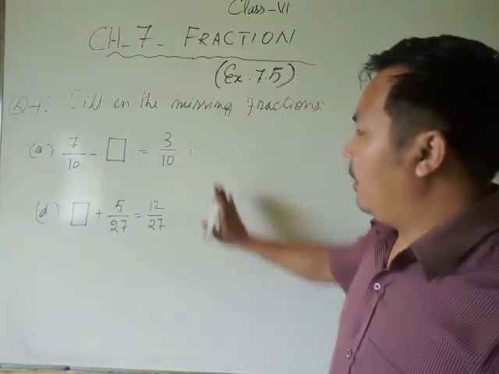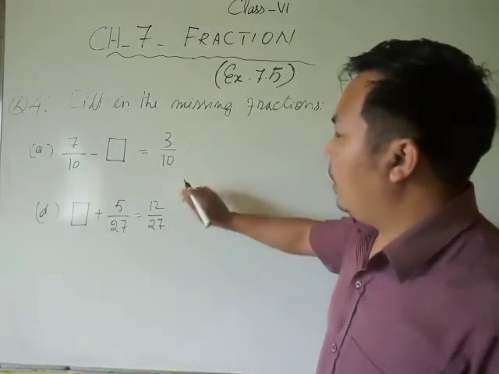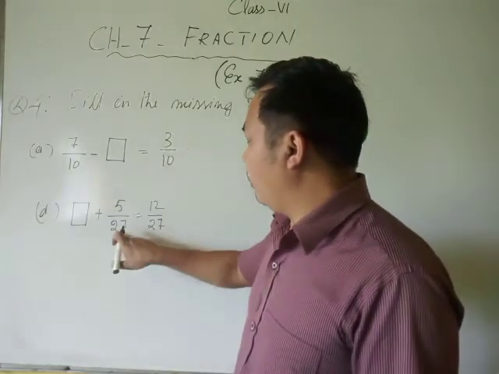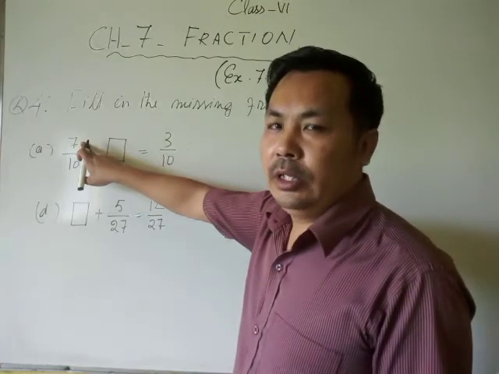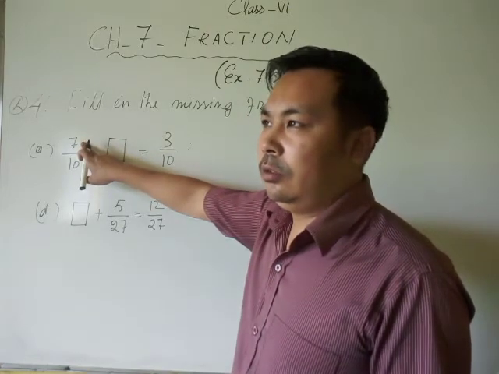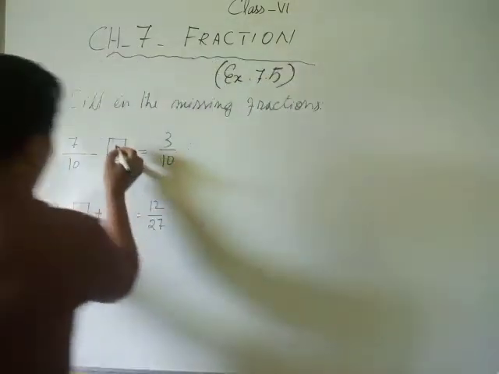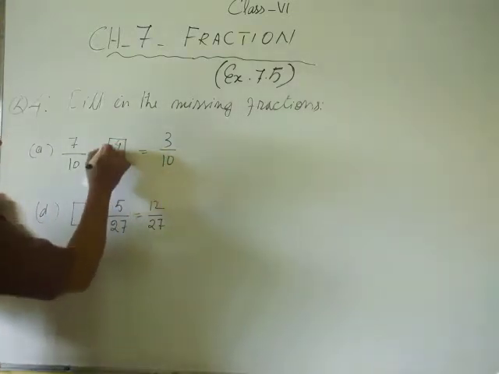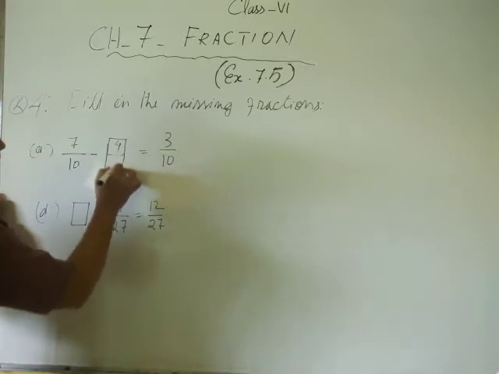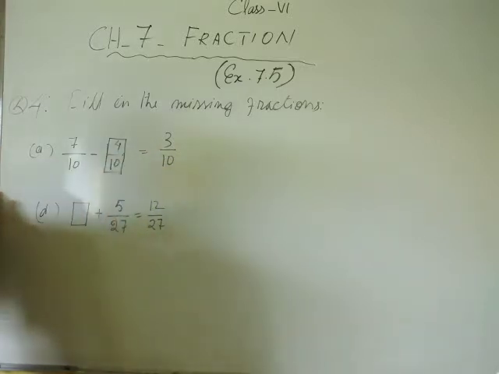This is very simple. What you have to do is, 10 over 10, 7 minus something, what do you subtract from 7 to get 3? That is 4, isn't it? And the denominator must be 10.